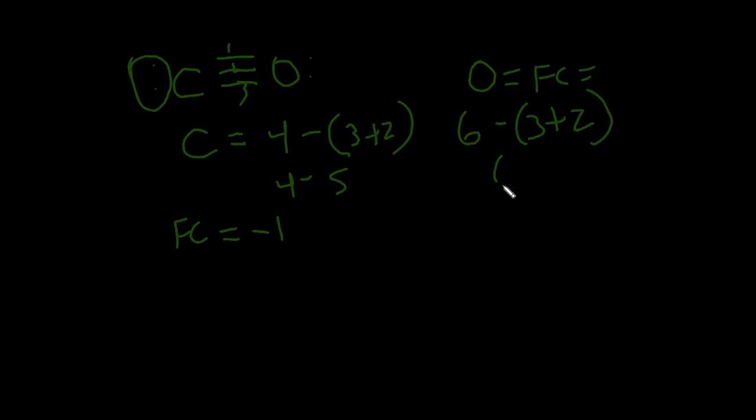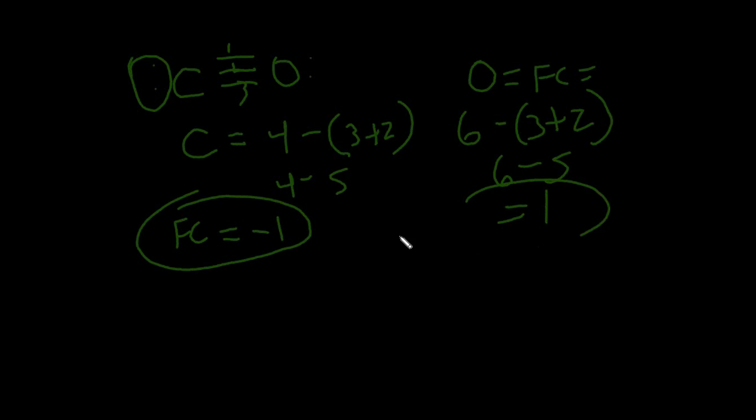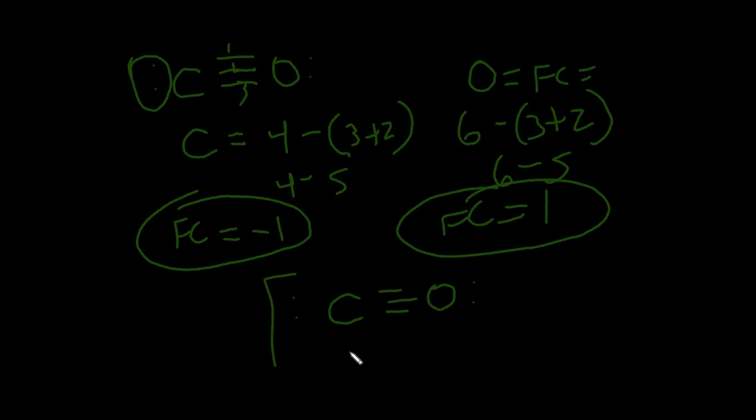So now we have 6 minus 5, which equals 1. And if we take a total of these two formal charges, you get 0. So the overall charge of this molecule is 0.